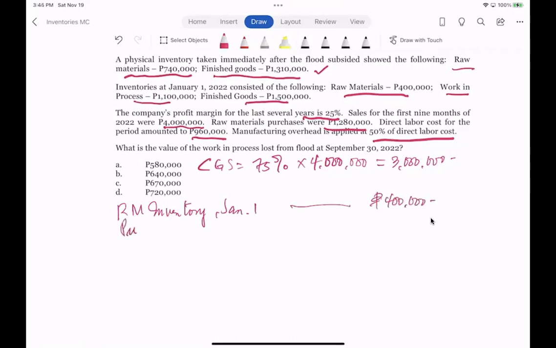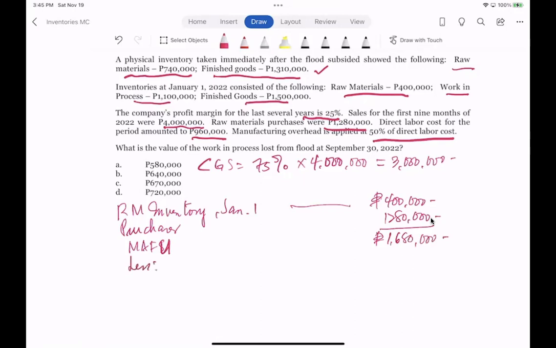Add purchases. Raw materials purchases were 1,280,000. Therefore, total materials available for use in the production is 1,680,000.